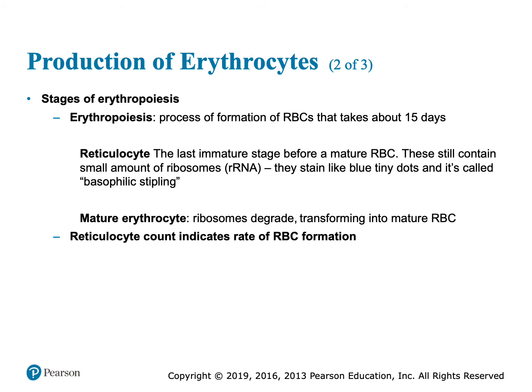From the birth of an immature red blood cell to a fully mature red blood cell, it's about 15 days. A reticulocyte is what happens immediately before the most mature red blood cell. So there are different stages of immaturity. This is the last before it becomes mature.